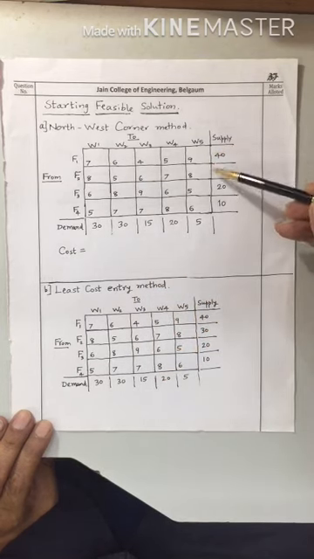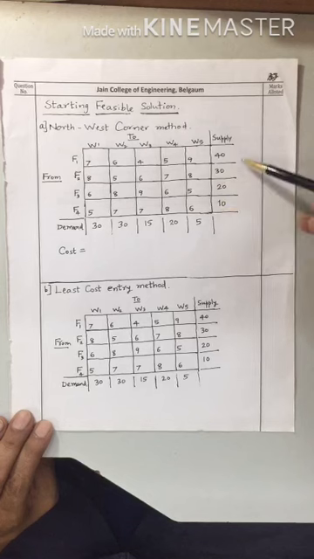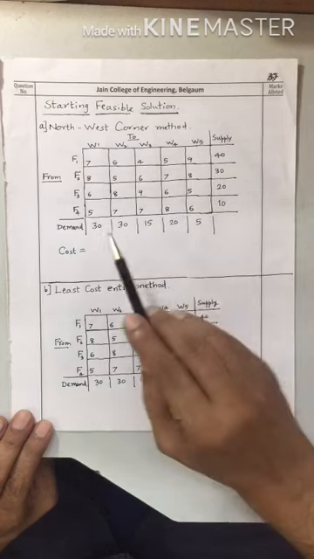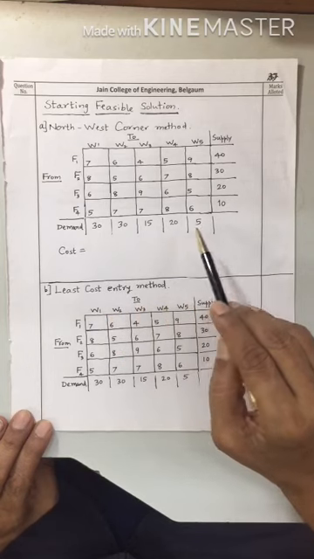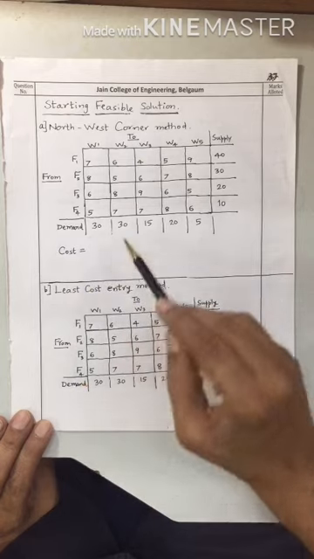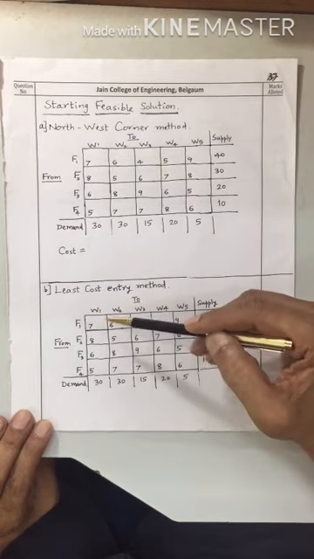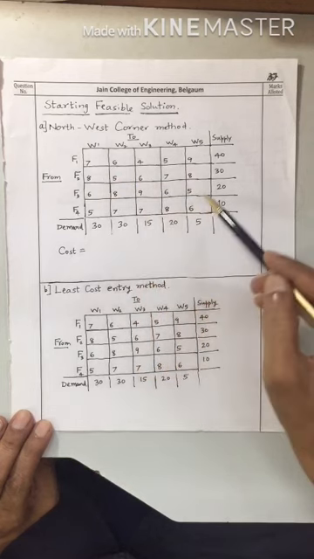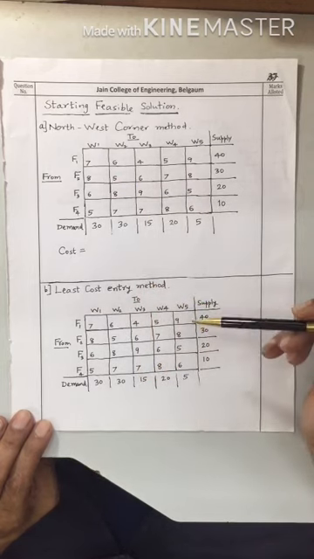These values 40, 30, 20, 10, we call them the supply capabilities of the 4 sources, and 30, 15, 25 and so on are the 5 requirements, the demands of these 5 destinations. Then these 7, 6, 4, 5, etc. I call the unit transportation costs.